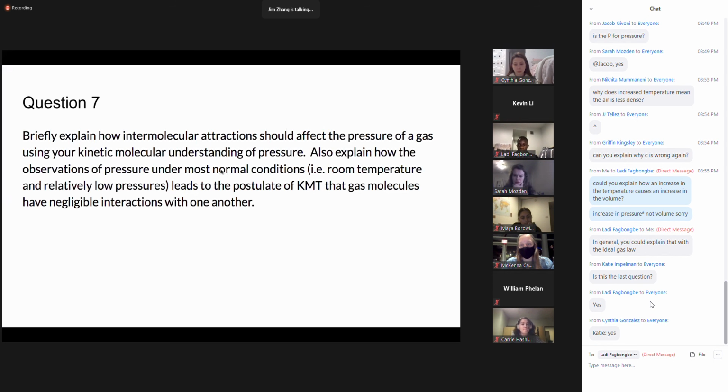How room temperature leads to... No, you can't do it without talking about positive negative deviation, because we just talked about positive negative deviation to answer the first part, and we use the fact that those positive negative deviations don't happen to reason that there's negligible interactions. So you don't specifically write the positive negative deviation part necessarily to answer the second sentence, but you relate it back to the positive negative deviations we saw earlier in the statement, and that's why you're allowed to say negligible interactions.